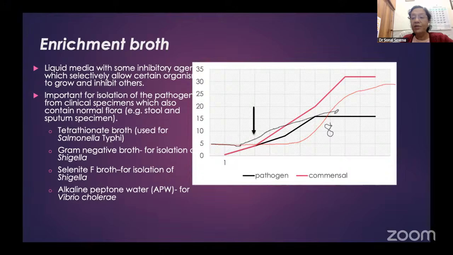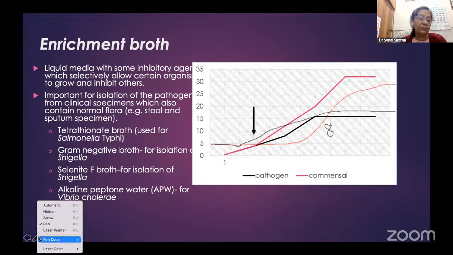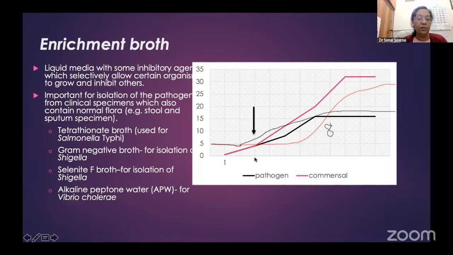The more the pH goes down, the more the commensal starts shooting up and growing, whereas your Vibrio cholerae stops growing because your pH is not now conducive to your growth.